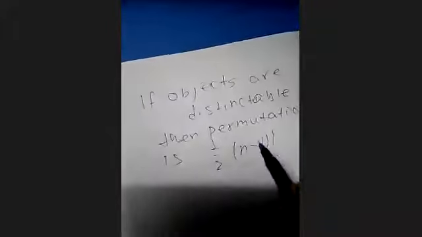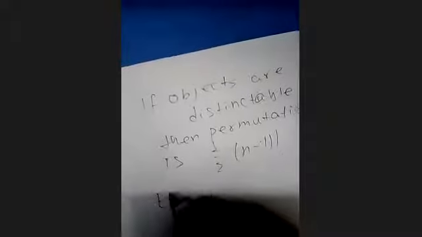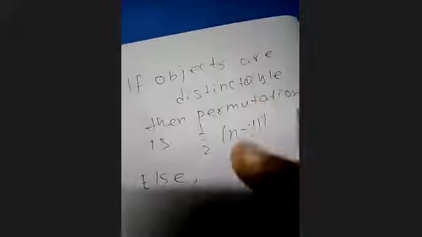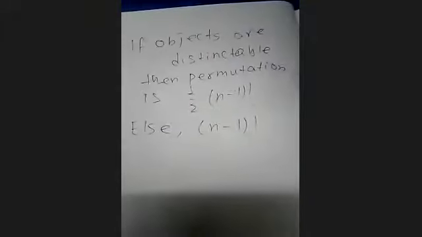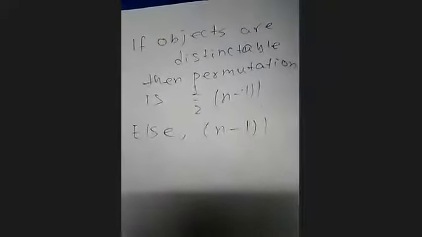Else, if not distinguishable, I mean, if they are not identical, then the permutation is nothing but (n-1) factorial. So this is the statement exactly for circular permutations. I hope it is clear.